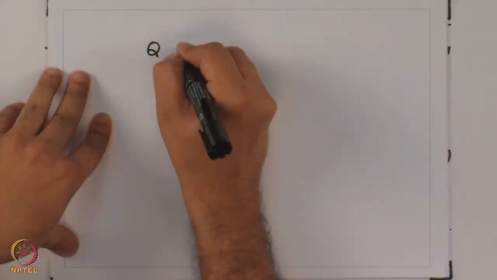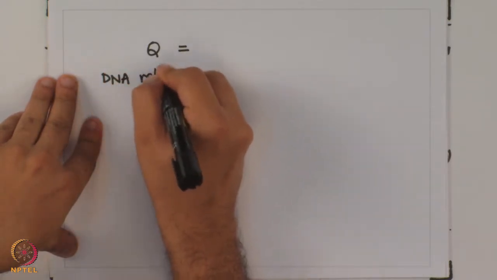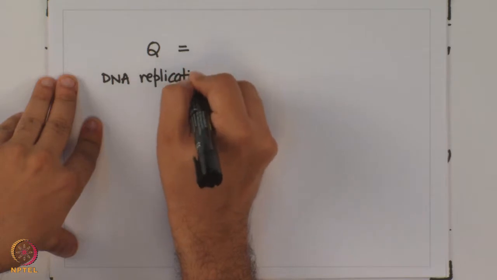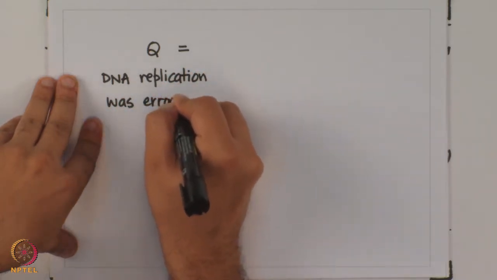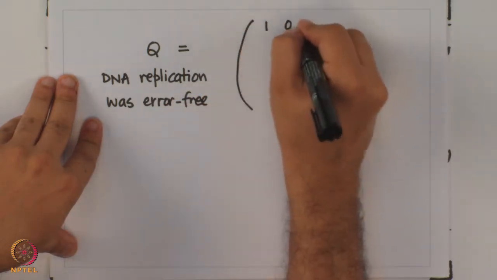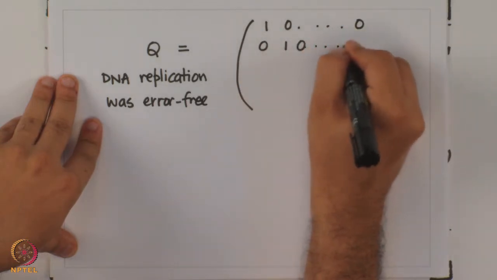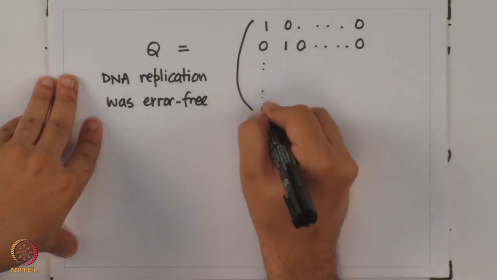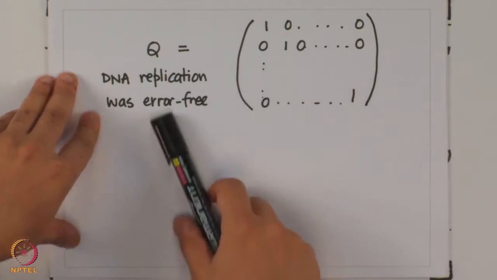So, what that means is that my matrix Q, if DNA replication was error free, would just be equal to what is called an identity matrix, which has 1 as the diagonal entries, and all other off diagonal entries are equal to 0.